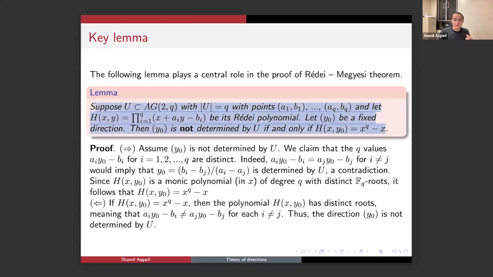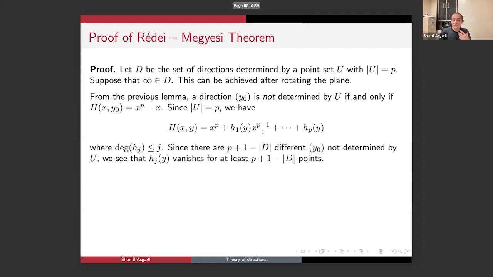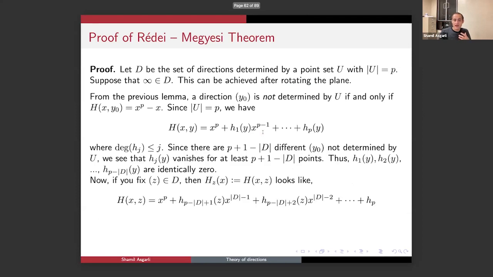That this lemma shows you that the Rédei polynomial specializes to x to the q minus x for every direction that's not determined by y, means that if your direction set were to be too small, then p plus 1 minus d would be too big, and there'd be too much vanishing.